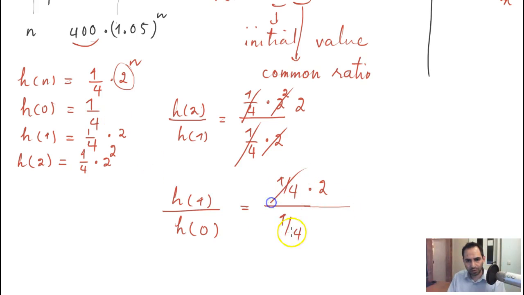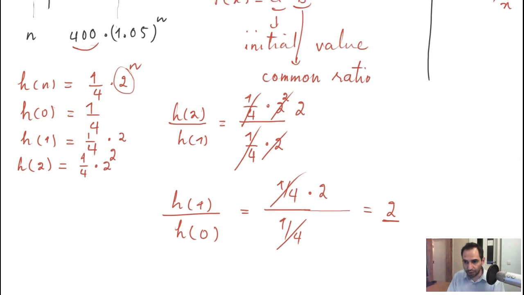Here you can cancel these two out, and again you will get the same number. Any successive term divided by the previous term is always going to give you this 2 and 2 and 2 and 2. So it's called the common ratio because it's the ratio between any successive terms in the output of the function.